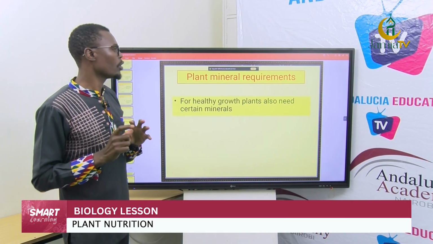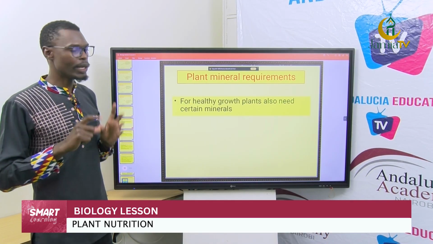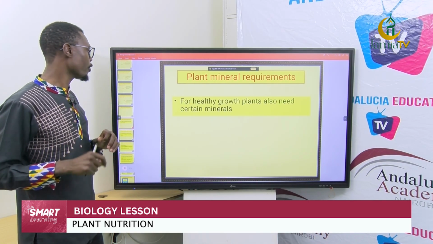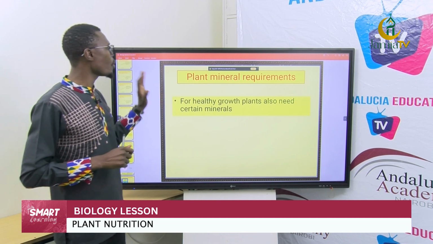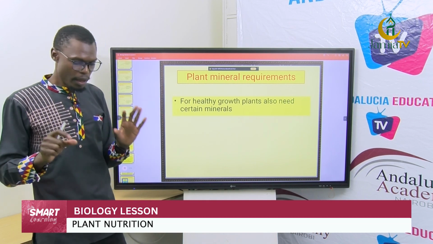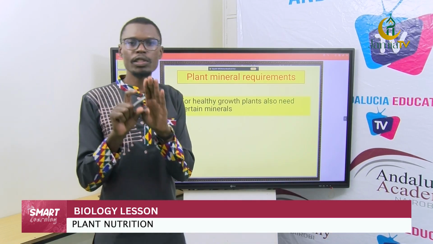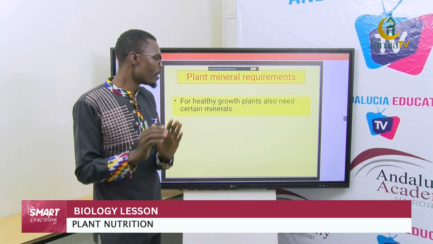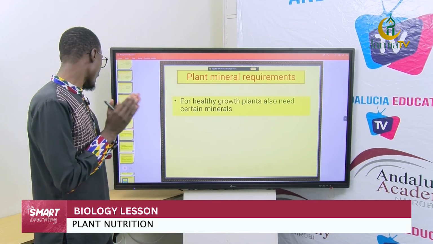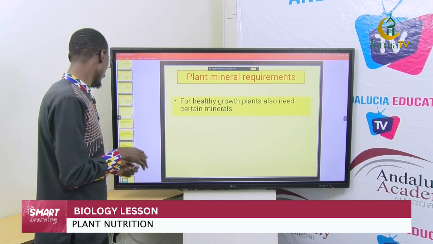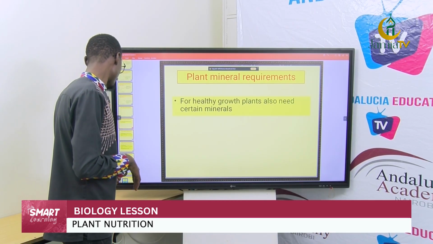But this will also differ or depend on the type of plant. Now we will learn about the common ones, the minerals that are required by almost all the plants.